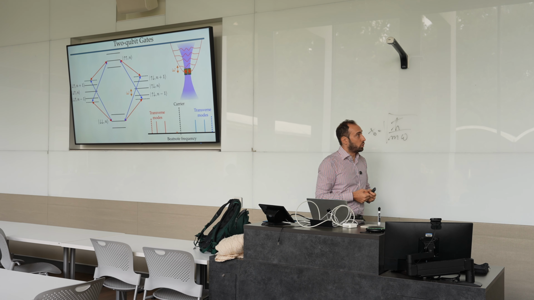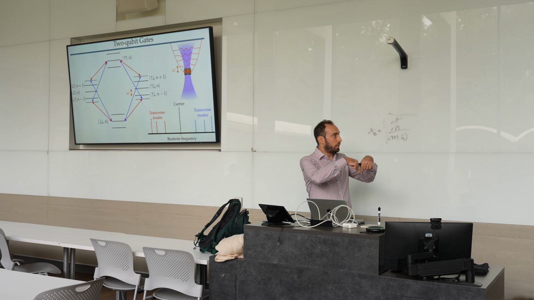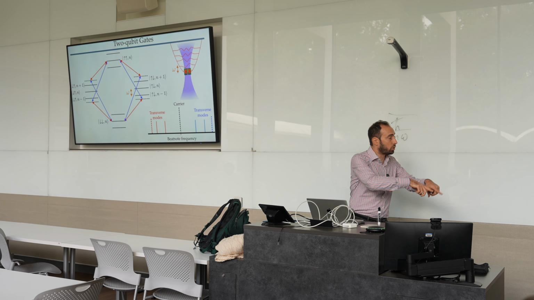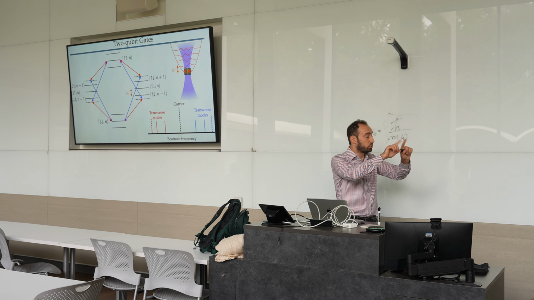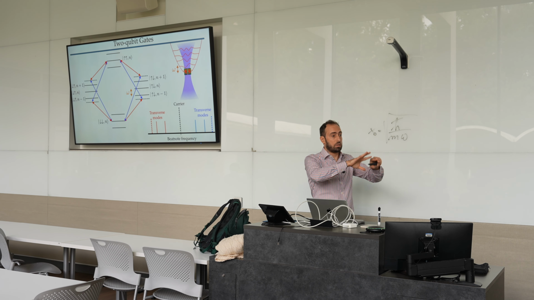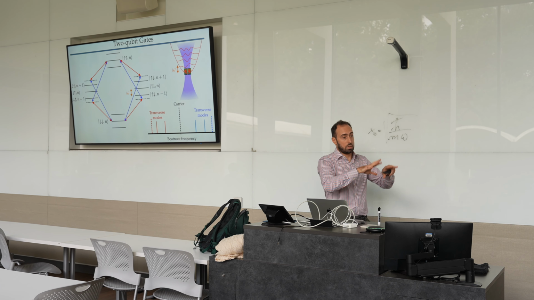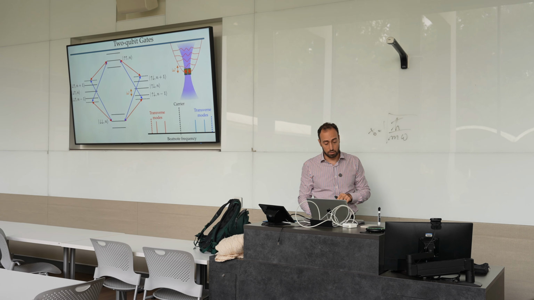So if you shine red and blue sideband, starting from down, down, you're exciting the motion with the blue sideband and de-exciting it with the red sideband. In this process, you effectively do a correlated spin flip. This is not a Rabi flopping, because effectively you go from down, down to up, up through motion, and the information in the motion is inaccessible in a sense. So that's how you create entanglement.